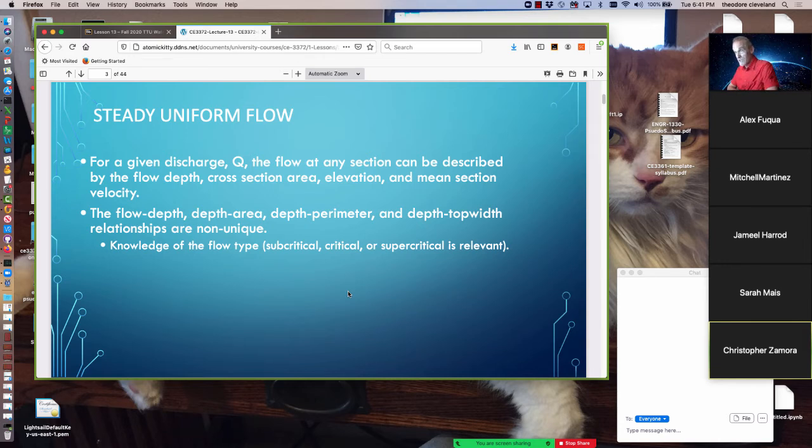The cross-sectional area at that depth, the elevation of the bottom of the channel, that handles the topographic slope that makes everything go, and the mean section velocity. These relationships between flow and depth, area and depth, wetted perimeter and depth, top width and depth are not unique.